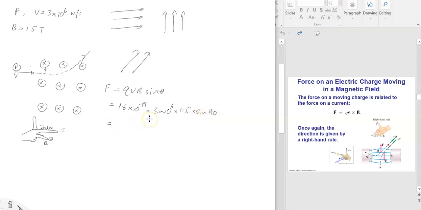So what do we have? 7.2 times 10 to the negative 13 newtons. Comparatively small force, but enough to curve this proton upwards.